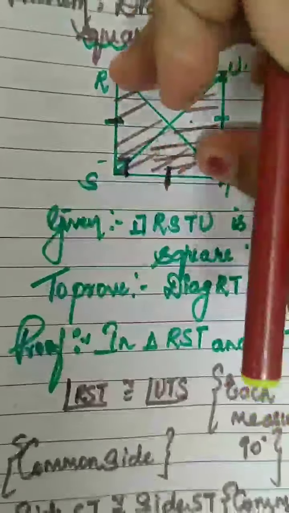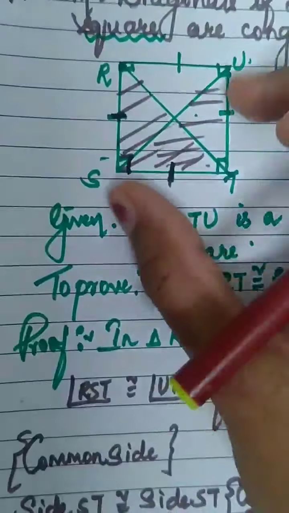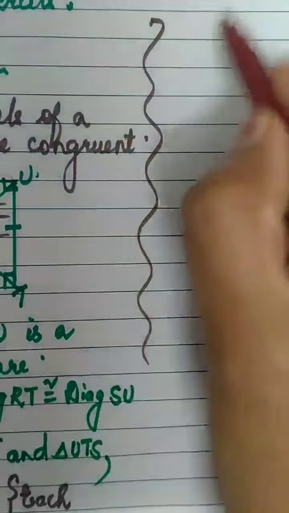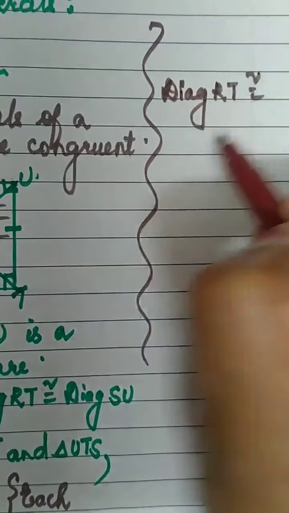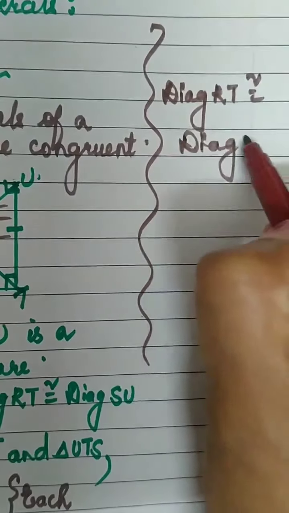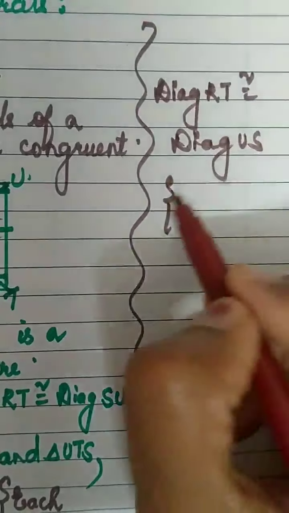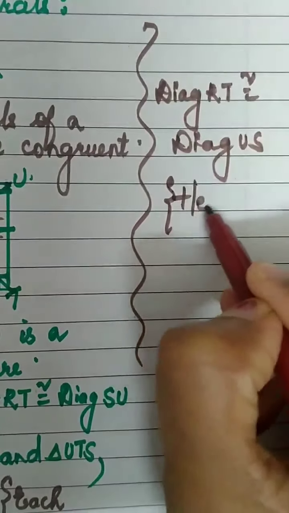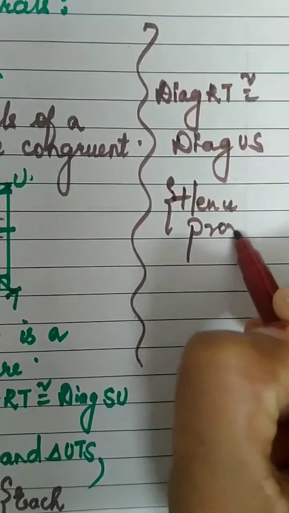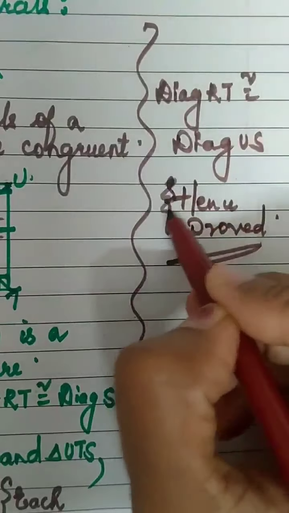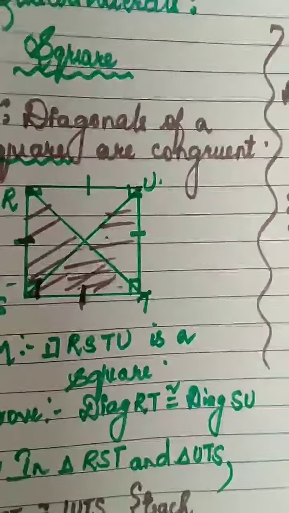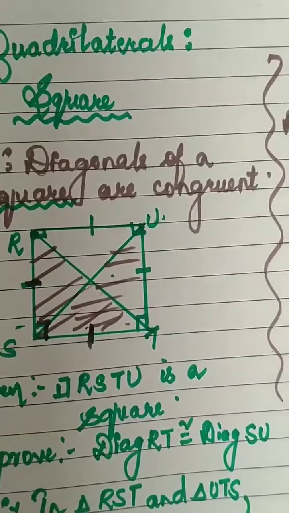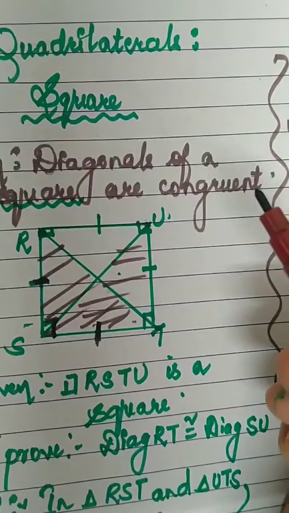So these two sides RT and US are the diagonals of the square. So finally you will write diagonal RT congruent to diagonal US. Hence proved. Such an easy theorem. One out of the square or rectangle will come for your exam for sure.